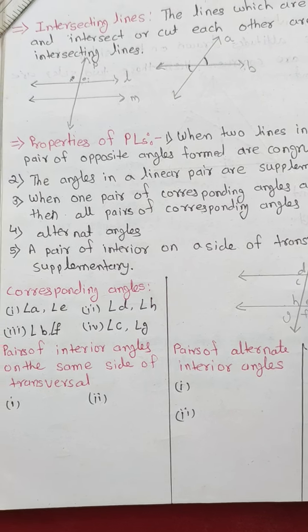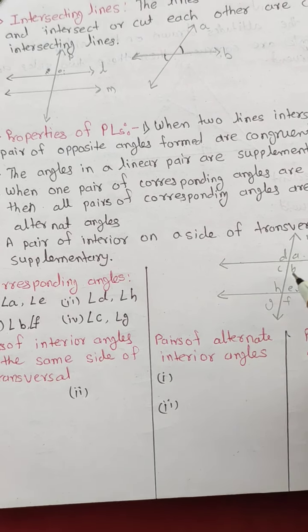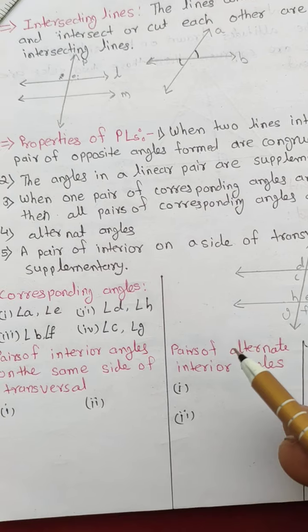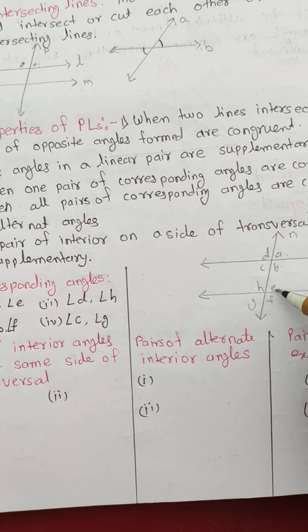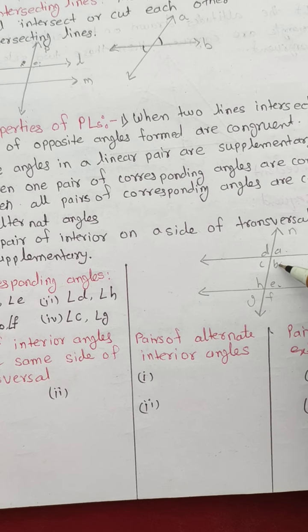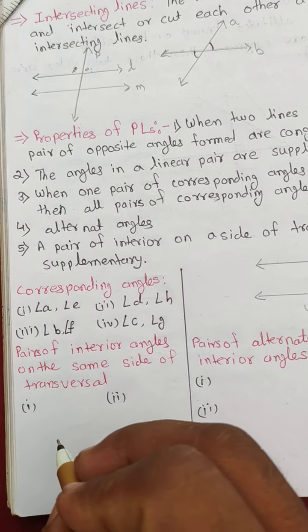Now we will write the pairs of interior angles on the same side of the transversal. Same side means this is the transversal, either this side or this side. So here two pairs are formed. One is angle B and E, interior, जो अंदर की तरफ रहेगा, interior means अंदर. So angle B and E, this is the first pair.